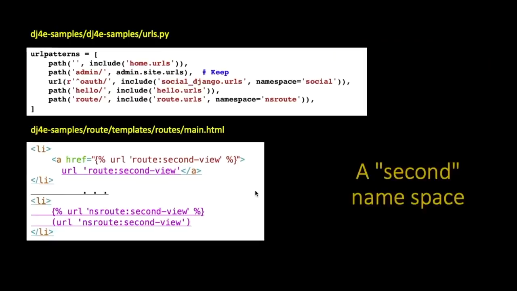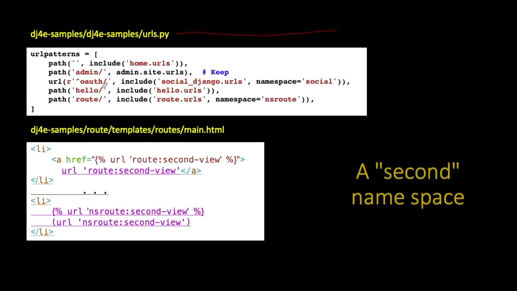Now, this is kind of subtle, and we will need it when we start doing social login using GitHub. So I'll just mention it because we're deep in it right now. Basically this is the overall DJ Free samples urls.py, and that's the one that's pulling all the URLs together in the same folder as settings.py.